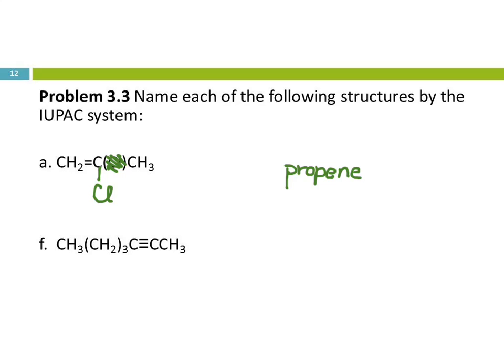Do we need to number the double bond? No. If you have 2 or 3 carbons, we're not going to number it because it's always going to be number 1. And chemists don't like the number 1, so we don't write the number 1 unless we have to. And our substituent here is chloro, so chloro, propene.